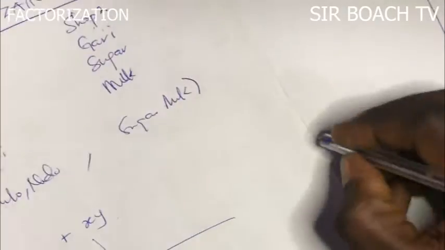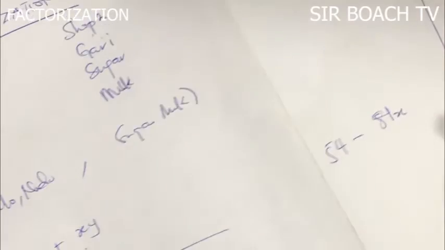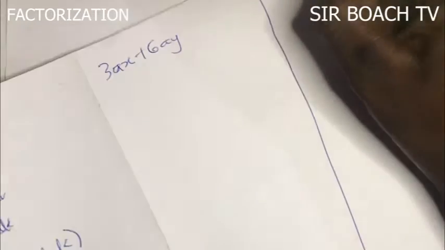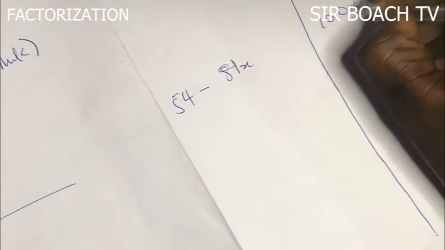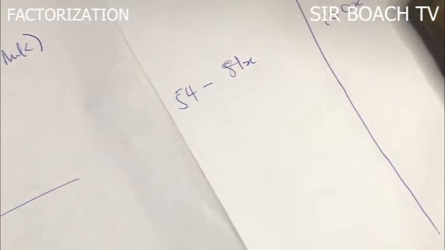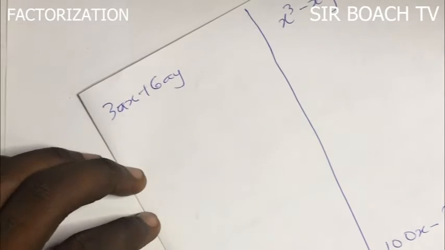Then 54 minus 81x. Then s cubed minus s squared y. And 100x minus 25x squared. Now let's start from here.